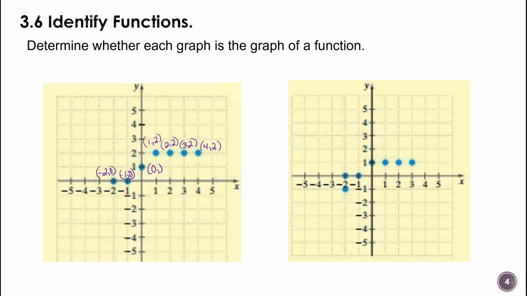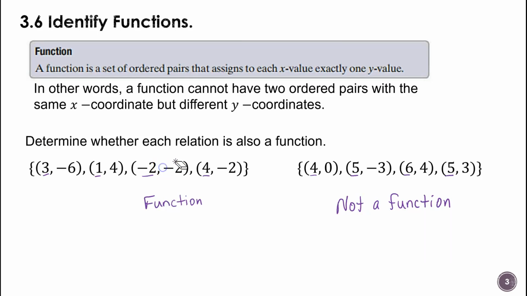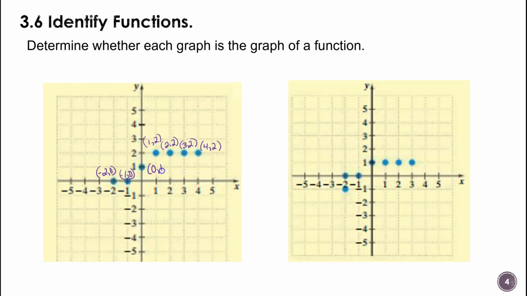Now I've listed all of this, and we look through and see that none of our x-coordinates are the same, right? We have -2, -1, 0, 1, 2, 3, 4. So this one is a function.